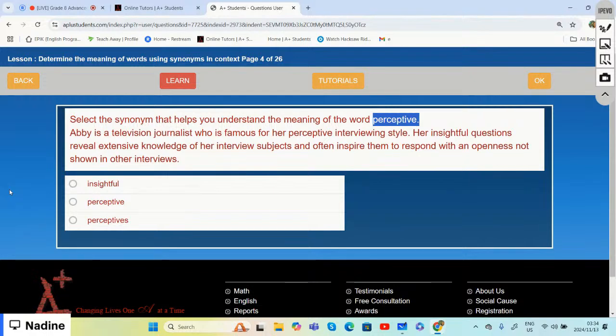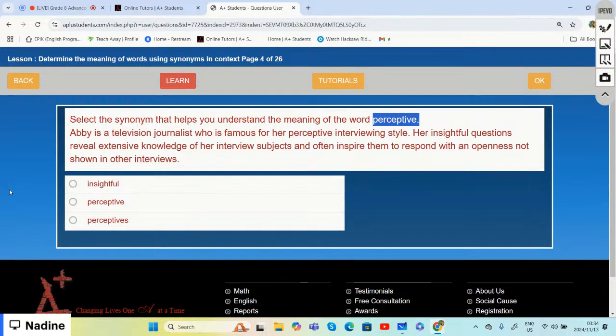Her insightful questions reveal extensive knowledge of her interview subjects and often inspire them to respond with an openness not shown in other interviews. Perceptive.